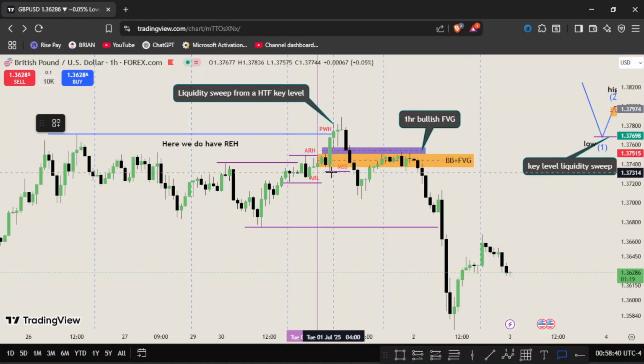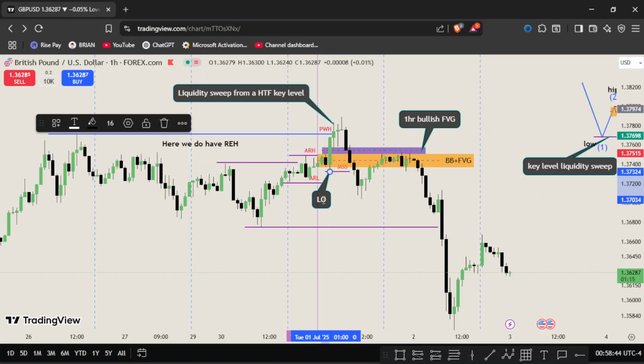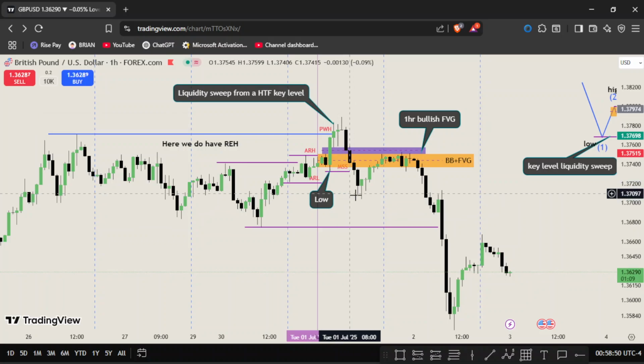What shall I use? Let me first mark this was a low, low, low, a high, a low, then a new higher high.